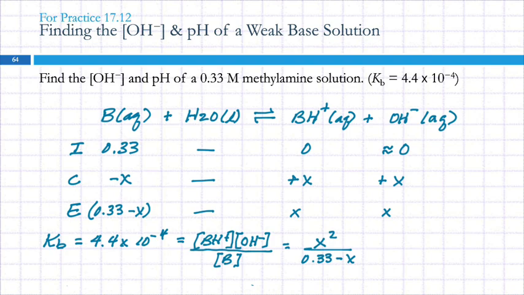We could use the solver, or we could use x is small. Let's try x is small. So if x is small, that goes to 0, and then x is equal to the square root of 0.33 times 4.4 times 10 to the minus fourth.